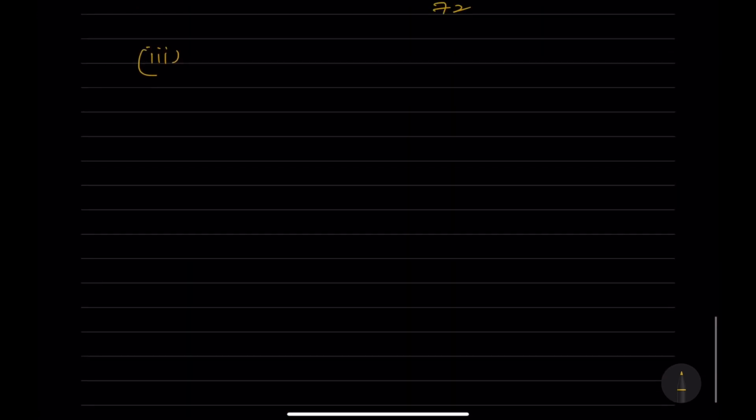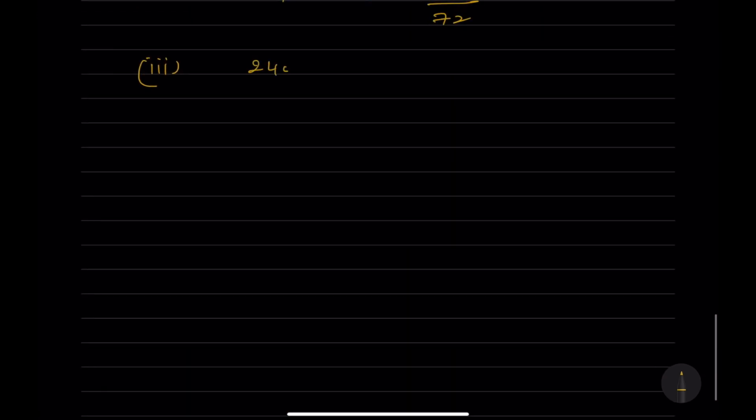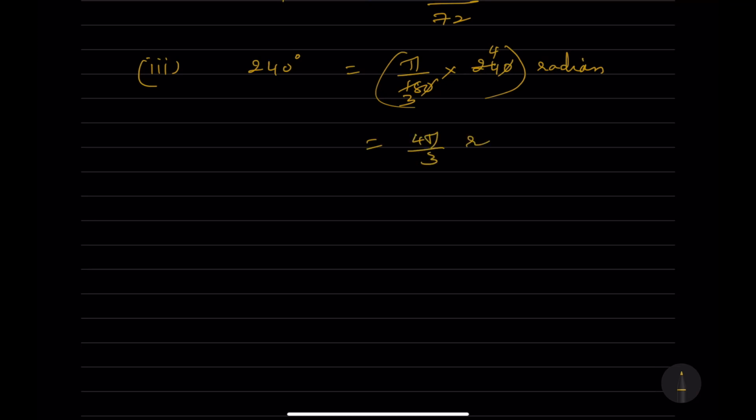So now 240 degrees is equal to pi by 180 into 240 radians. So therefore this will get cancelled. So you're getting here 6 4s are, 6 3s are, so 4 pi by 3 radian. 240 degrees is equal to 4 pi by 3 radian.